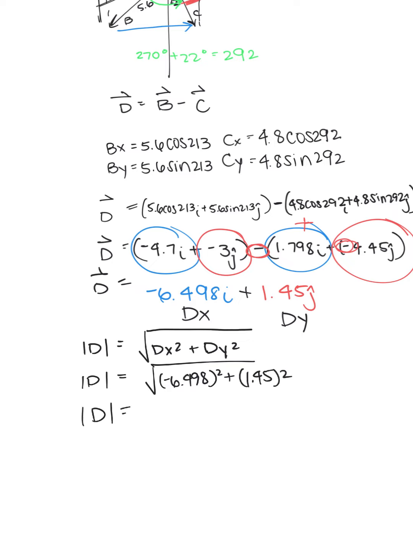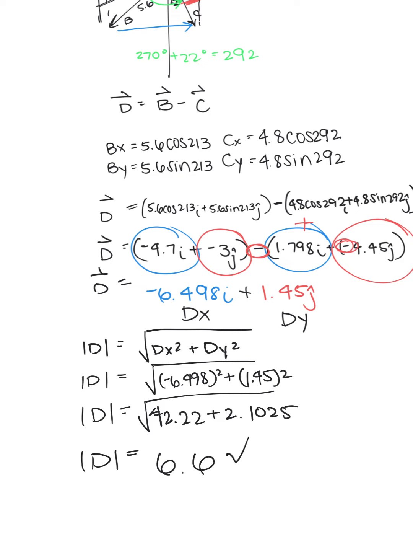And when we put these in our calculator, we will get the square root of 42.22 plus 2.1025. And D equals 6.6, which is our answer, C.